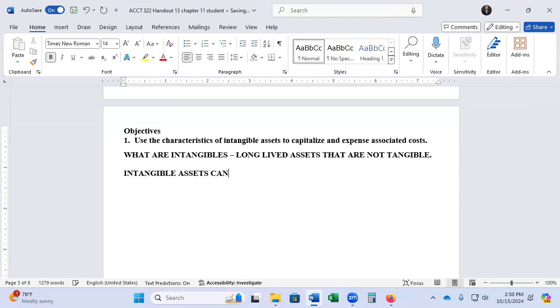Intangible assets can be broken into two categories. One is a limited life intangible.